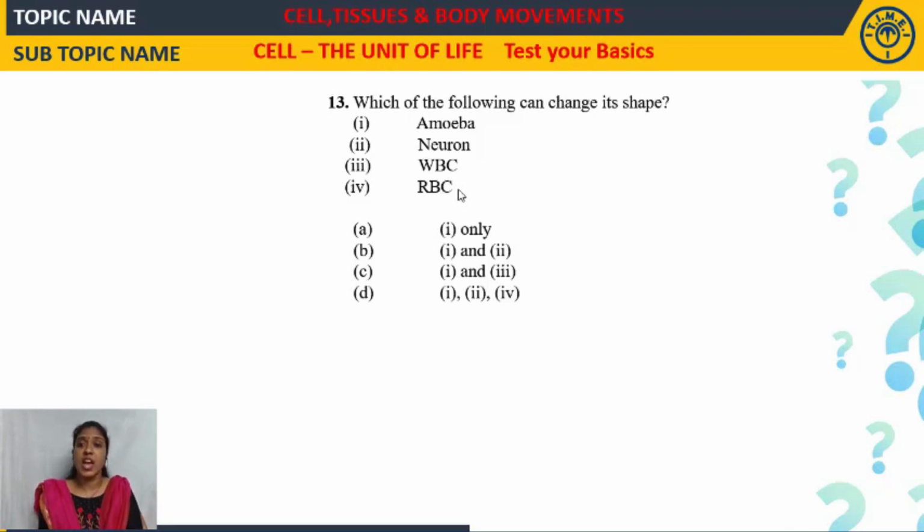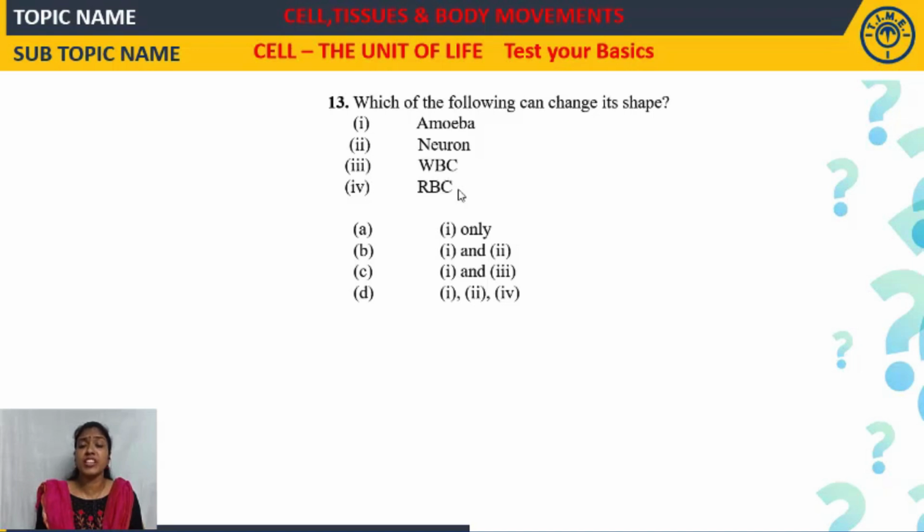Yes, amoeba is a unicellular, eukaryotic organism and it can change its shape according to the needs of its body. It can move with pseudopodia. When it sees food, it can engulf the food, forming a food vacuole, and absorb it into the body. So amoeba is an example of an organism which can change its shape by the streaming movements of its cytoplasm.